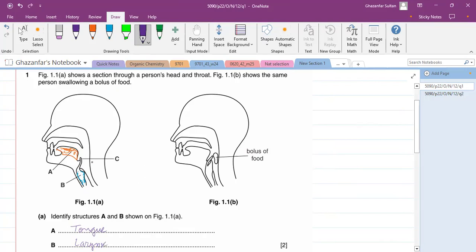Okay, so here they have shown the bolus, and at this time, what happens? It moves down and covers this windpipe or the trachea. So actually, the structure C is epiglottis.